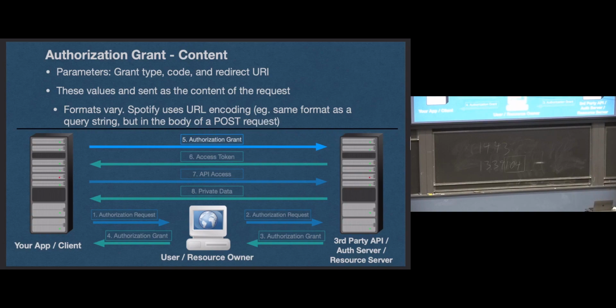That's URL encoded. That means percent encoding is important again. But luckily, grant type, that's all just characters. Those are all valid URL characters. The code, at least for Spotify and for really any API worth its salt, should be all valid URL safe characters, so nothing there.